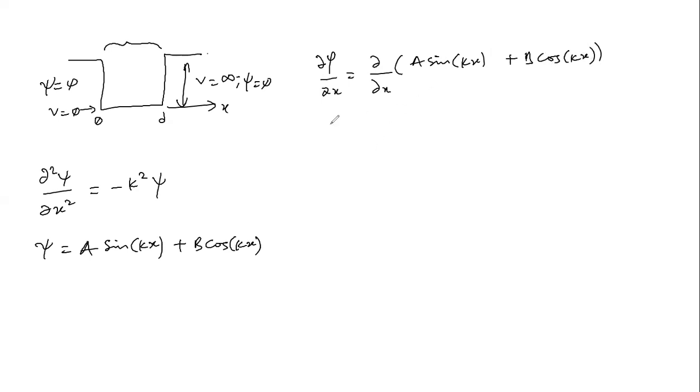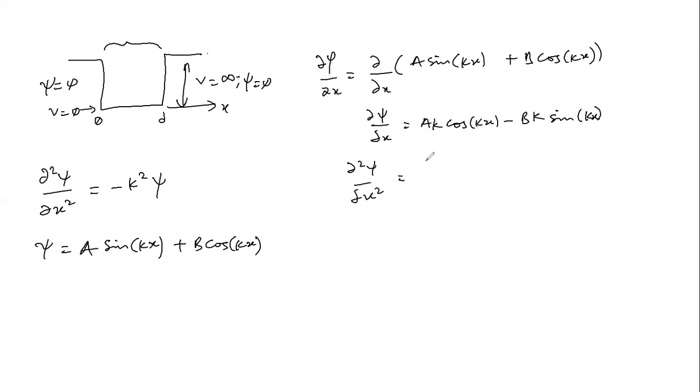By chain rule, we get d psi, dx, equal to a k cos kx. Then if we differentiate cos, it gives us a negative sign, minus b k sine kx.